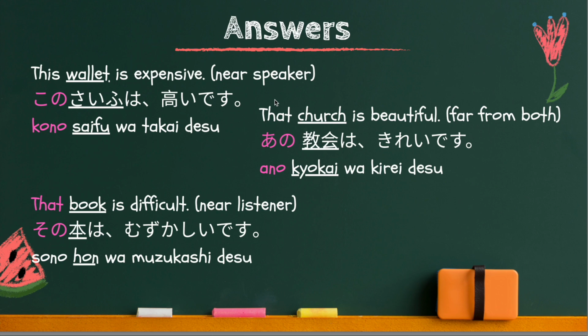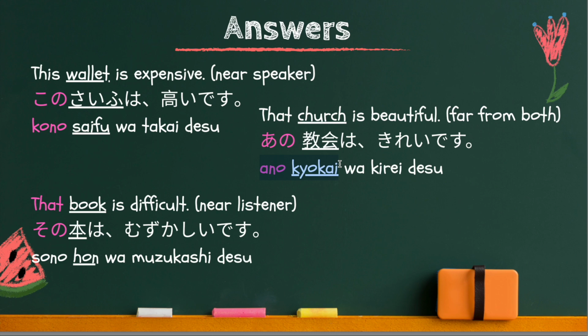The church is beautiful. あの教会はきれいです。あの is used because the church is far from both speaker and listener. And あの has to be followed by a noun. So あの and 教会 has to be together.